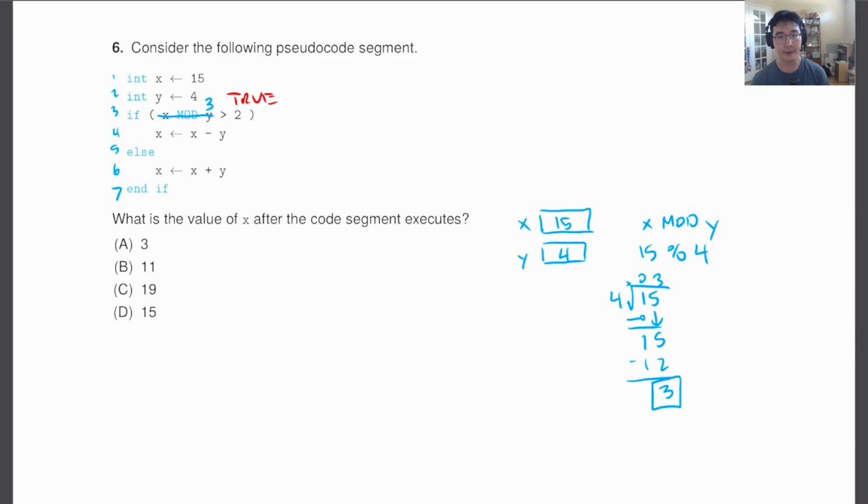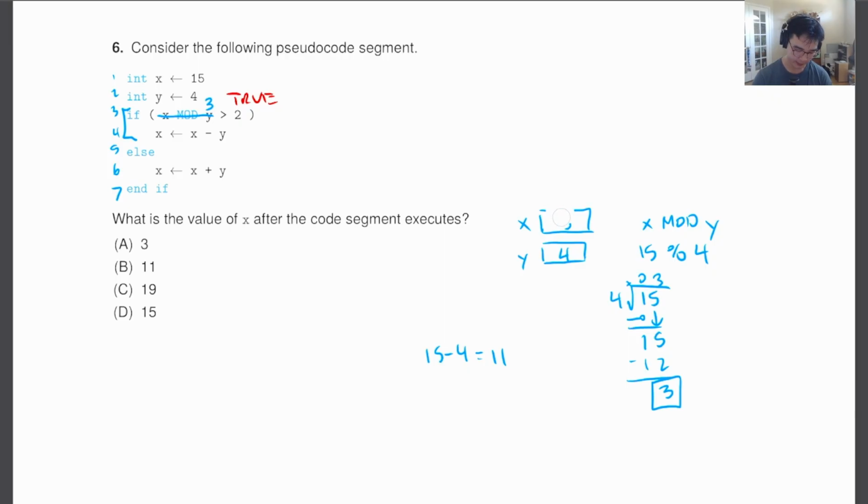And if an if condition is true, you go inside the if and do what is inside, which is x minus y. So x minus y is 15 minus 4, which is 11, and we assign 11 to x.